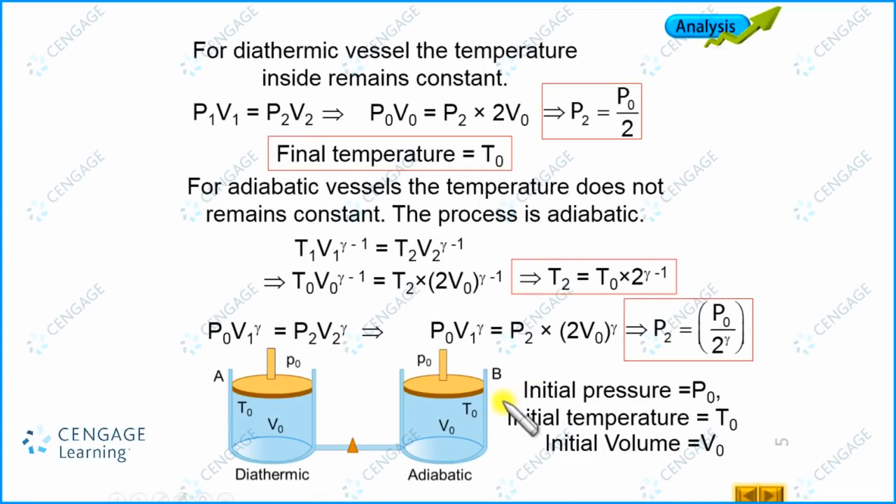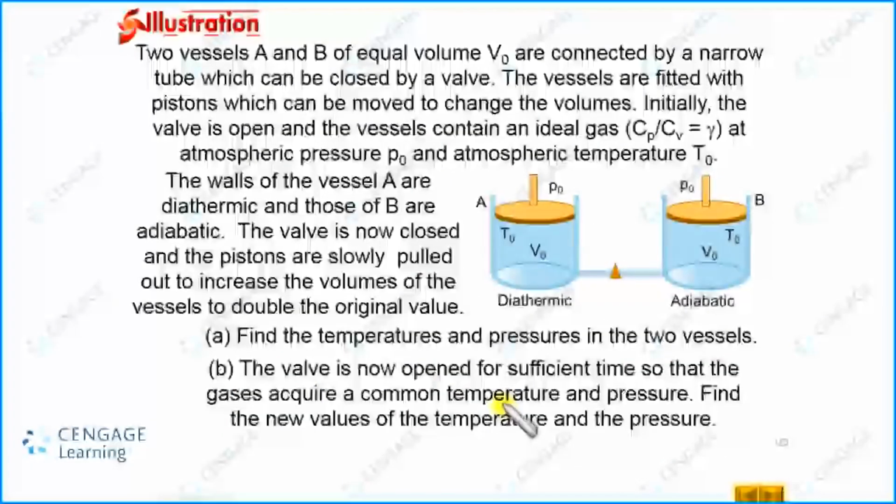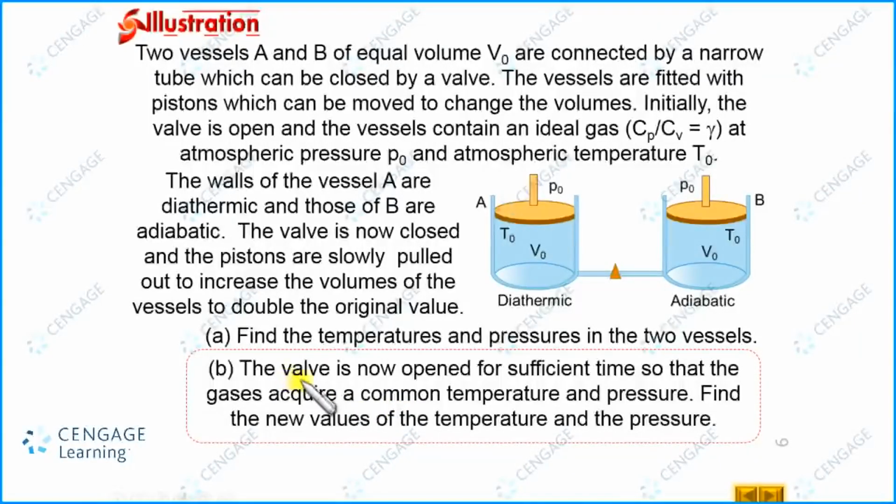Now let us move to the next part of the question. In the next part of the question, it is given the valve is now opened for sufficient time so that the gas acquires a common temperature and pressure. Find the new value of the temperature and pressure. And we know when we open the valve, right?